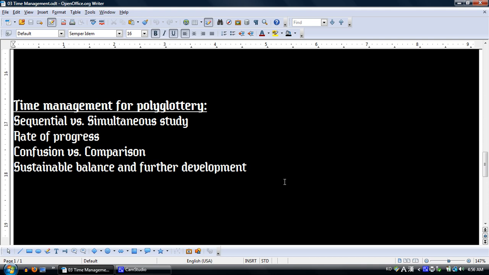So if you want to keep your knowledge alive of both languages and sustain it, then it is better to study both at the same time, perhaps at a slightly slower rate, but you'll be able to keep both of them going through simultaneous study. That's more efficient. So, these are my thoughts on the whole idea of time management for efficient foreign language study.